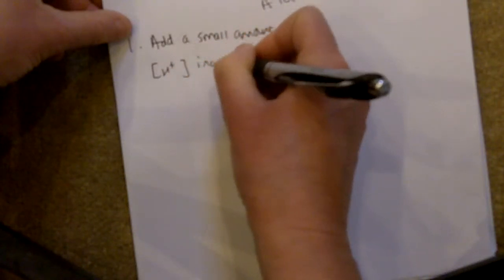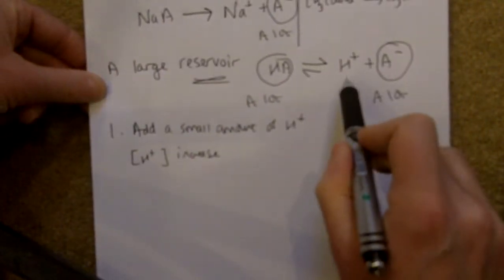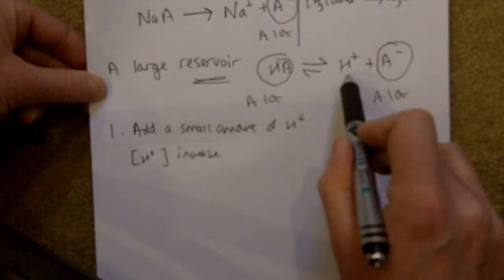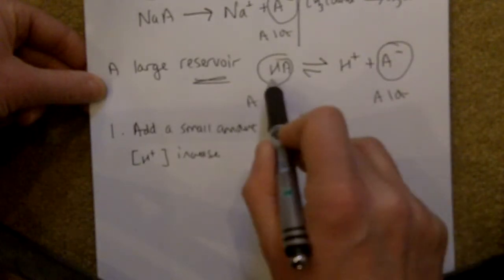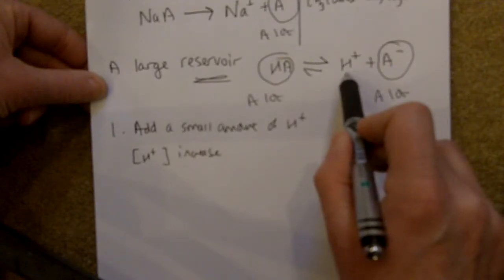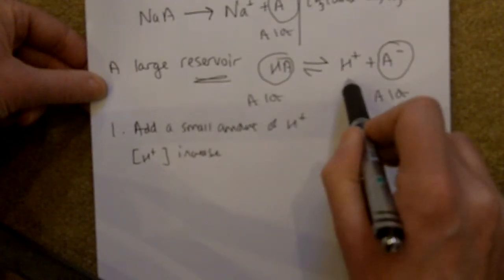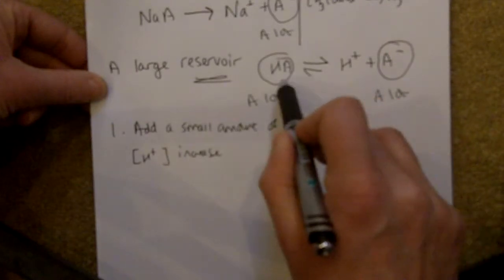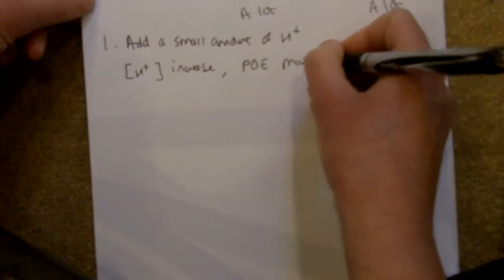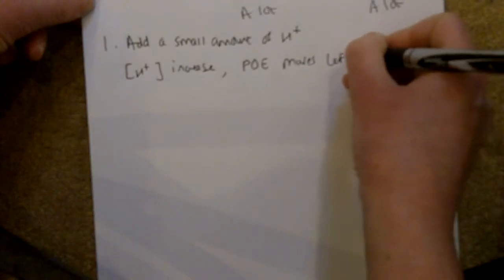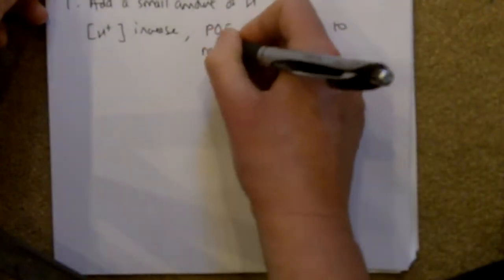So if you add acid here, concentration increases and the position of equilibrium will therefore move to the left to minimize the change. That's using Le Chatelier's principle. You add some H plus, the position of equilibrium moves to the left to minimize the change. I'm just going to write POE, which means position of equilibrium, moves to the left to minimize the change.